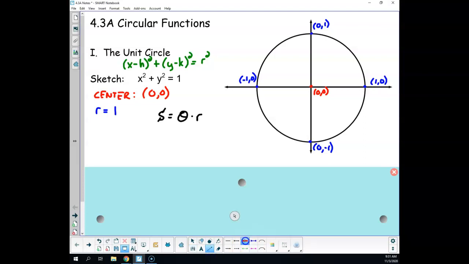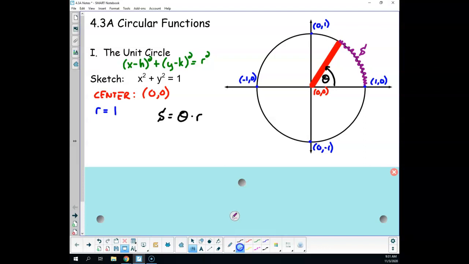Theta would be right here, and this would be our s.